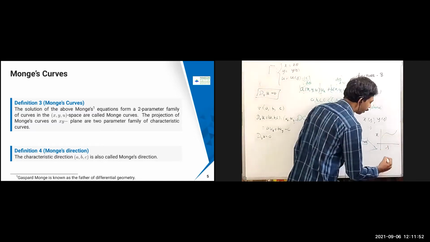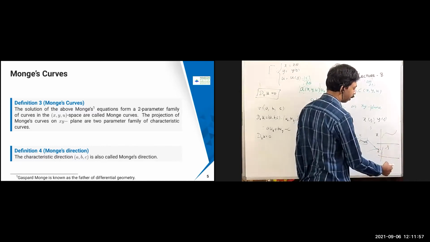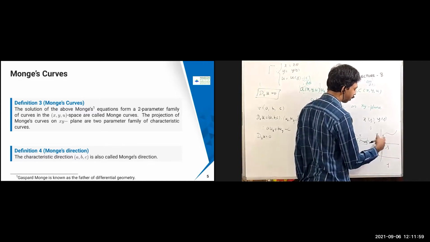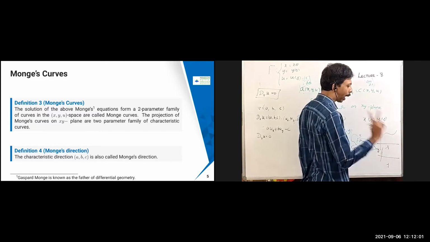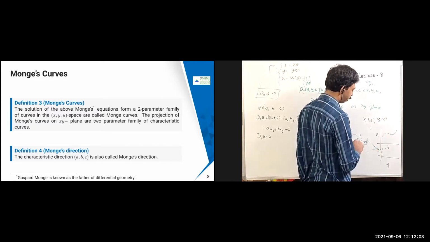Similarly, for each s I will have a curve in y also, so s and y. So a two-parameter family of curves will come in this space.